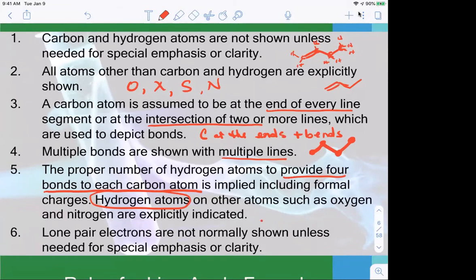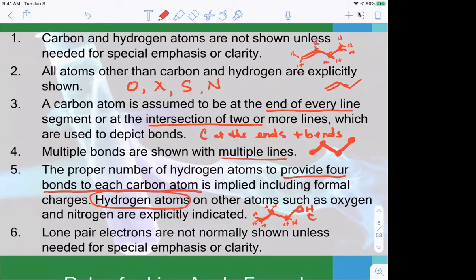So maybe I have this structure and I know I have a hydrogen. So this oxygen is explicitly shown. Here's a carbon, here's a carbon, here's a carbon. I have 3 hydrogens on this carbon. I have 2 hydrogens on that carbon. I have 2 hydrogens on that carbon. And again, those are implied and not shown. This hydrogen is explicitly indicated.